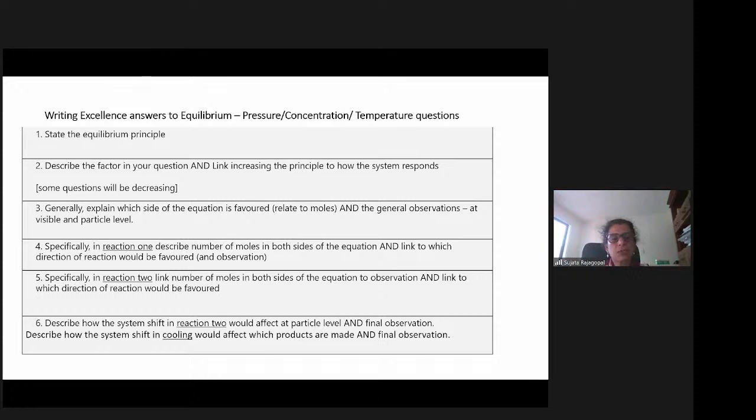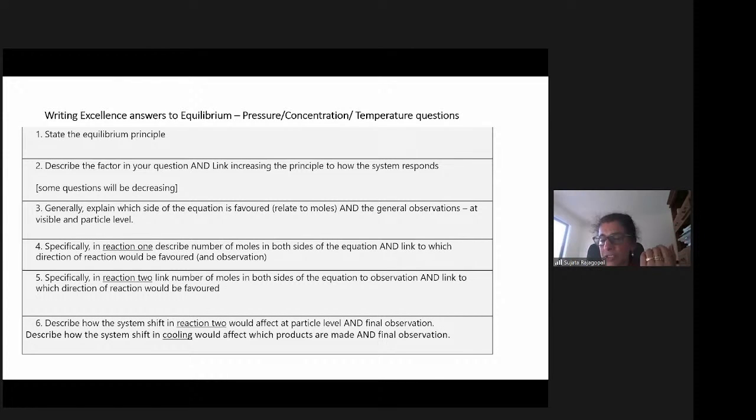So that's what I've said. In point 3, you are just telling a general rule, and then from points 4 and 5, remember, you have to link back to the question given. There wouldn't be such a general question, but the question would have an equation given. Please refer and link to the question, so that you are taking your reactants and your products from your equation.